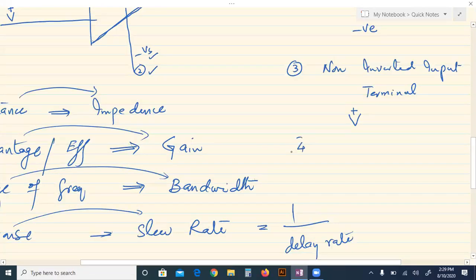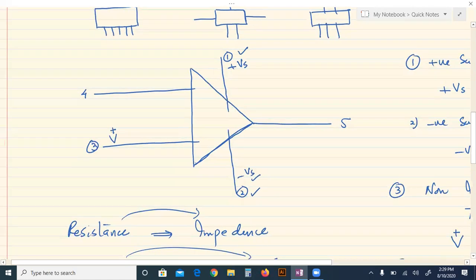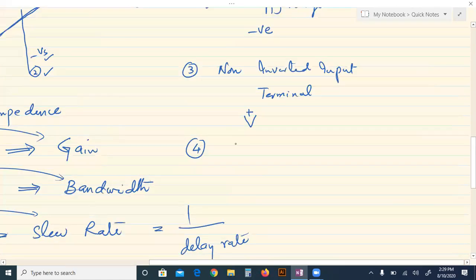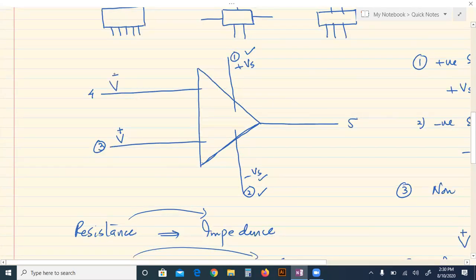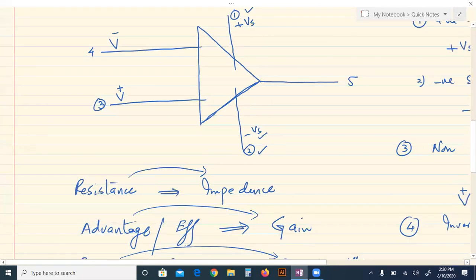And number 4, this one, is called the inverted input terminal, and it is represented by V negative. Now do remember, these two voltages are out of phase to each other. If this voltage is like this, then at the same time, this is the cycle of this voltage.